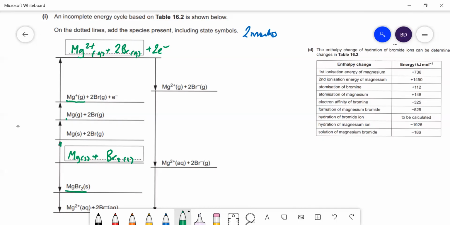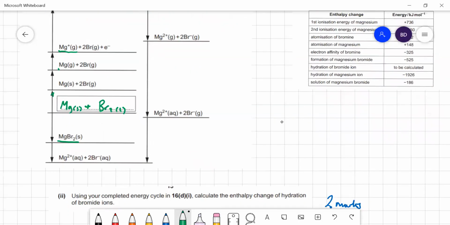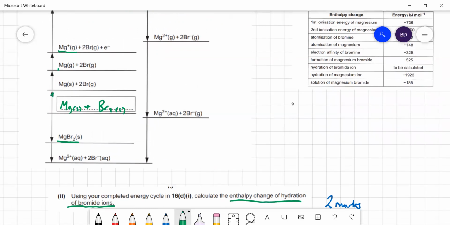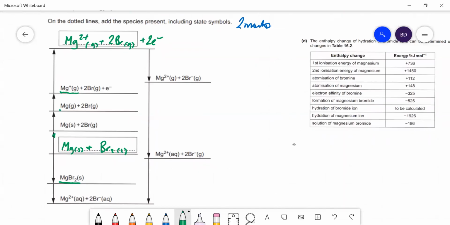That's our 2 marks. Now the next part of the question, it says, use your completed energy cycle to calculate the enthalpy change of hydration of bromide ions. Okay, and that's 2 marks there, so we're going to put the numbers in here. Let's look at this table 16.2 here. The first ionization energy of magnesium, 736, well, that's that one there.